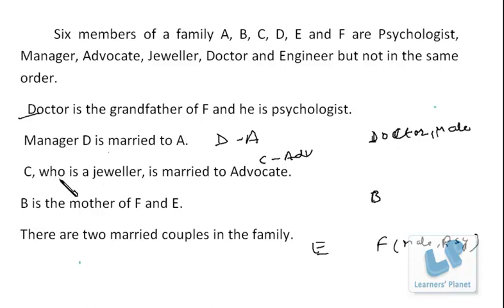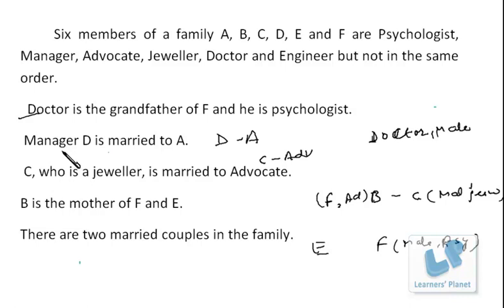So C has married an advocate, and in this generation B is already there, who is female. So C should be a male jeweler. So B is female and advocate, and she is married to C, who is male and jeweler, right?